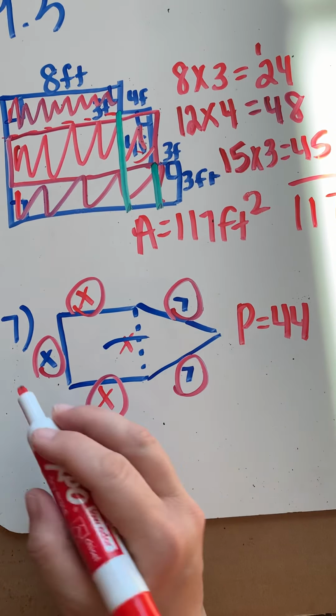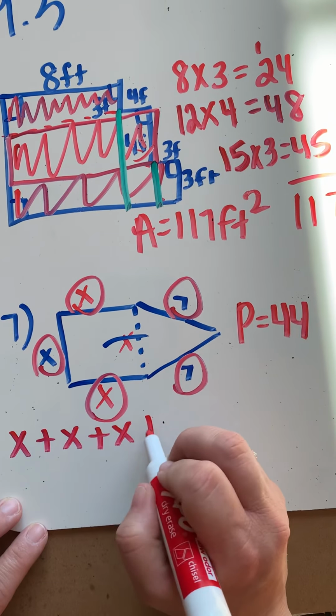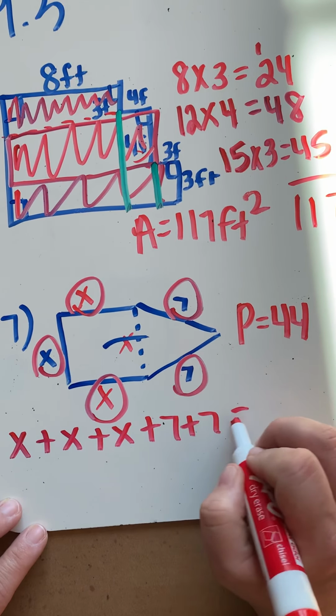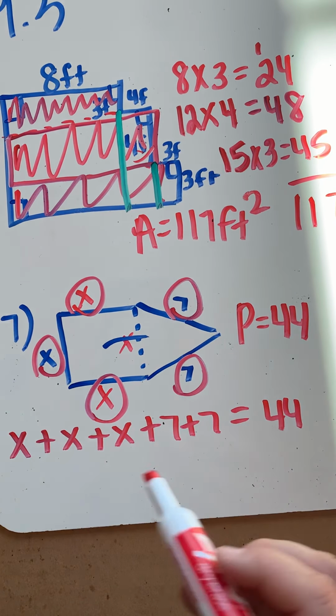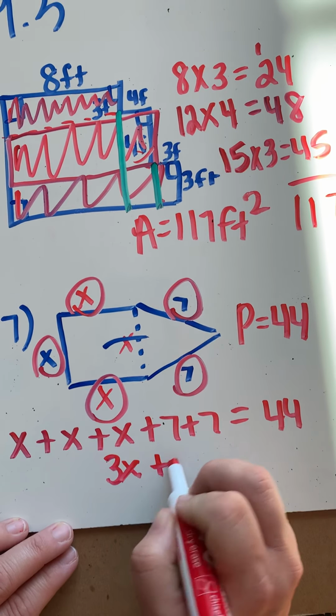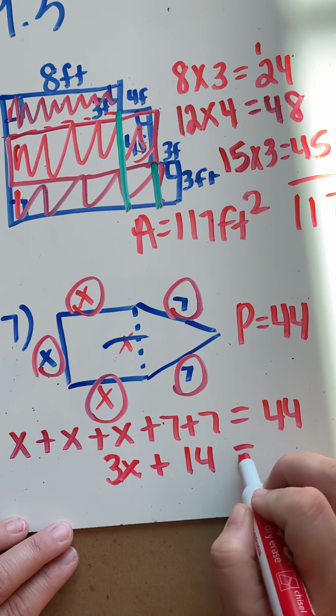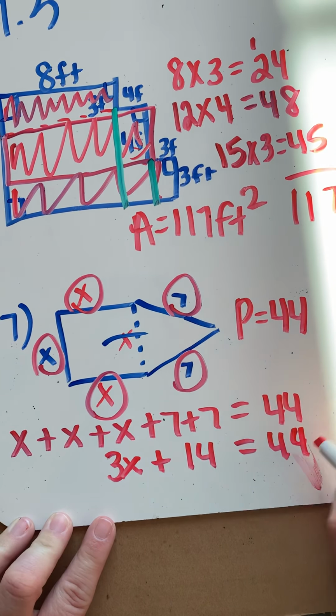So we have X plus X plus X plus 7 plus 7, and that equals 44. Okay, so if we add our 3 X's up, we get 3X. And 7 plus 7 is 14. And that equals 44.